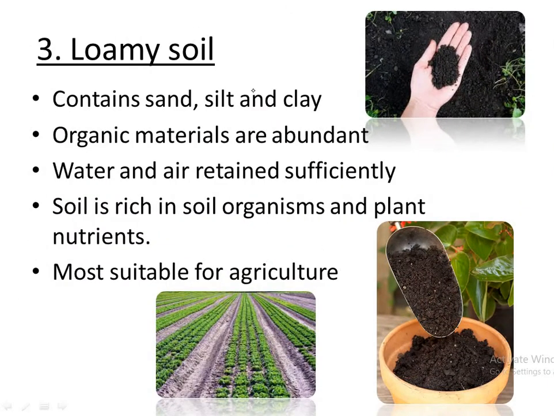Anyway, moving to our next type of soil, that's loamy soil. Loamy soil has sand, silt and clay in it. And over here you get a lot of organic matter. In simple terms, for y'all's level, you can think of organic matter as what we get when you decompose animal and plant waste.